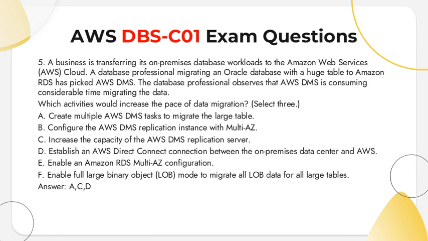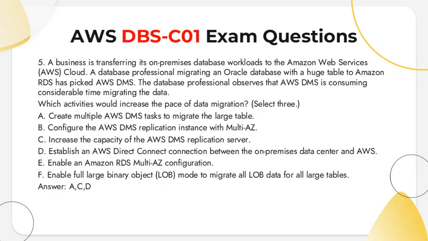Select 3. A. Create multiple AWS DMS tasks to migrate the large table. B. Configure the AWS DMS replication instance with Multi-AZ. C. Increase the capacity of the AWS DMS replication server.